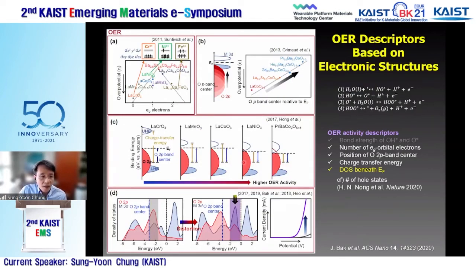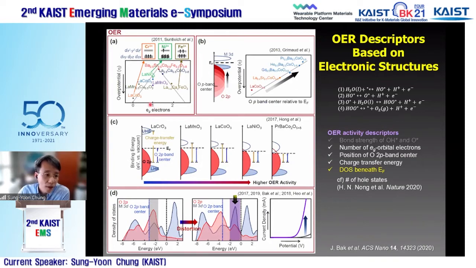Since 2011, many researchers have been focusing on the electronic state to improve or discover new materials for OER catalysts. Since 2011, in the literature, the eg 1 electron principle has been suggested.